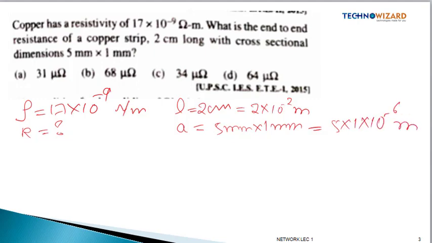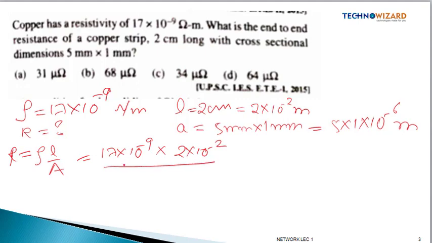We all know the basic formula of resistance: R is equal to rho L by A. They have given us all the quantities, so we put in the values. 17 into 10 to the power minus 9, into length 2 into 10 to the power minus 2, divided by the cross-sectional area, 5 into 10 to the power minus 6.